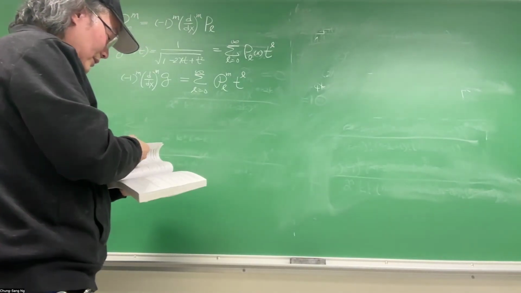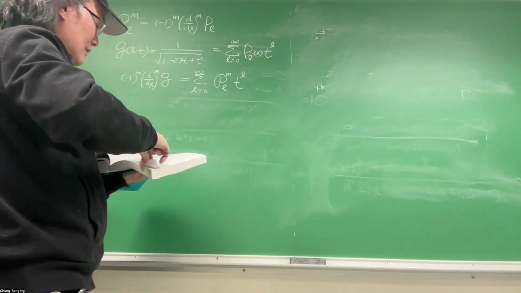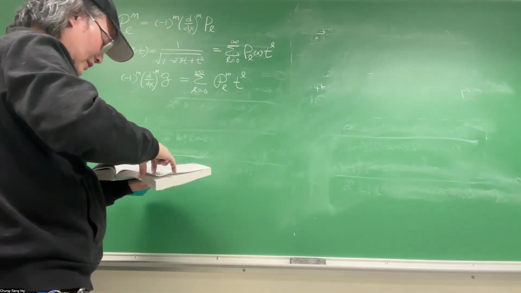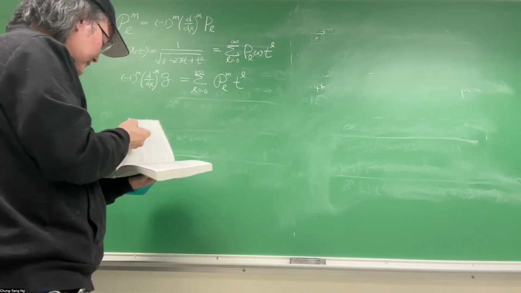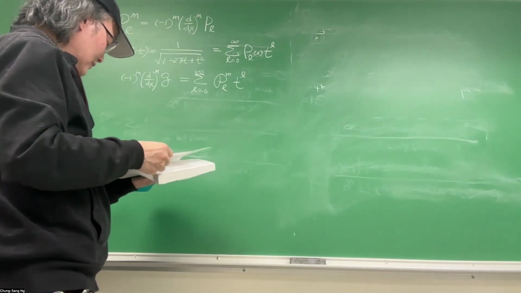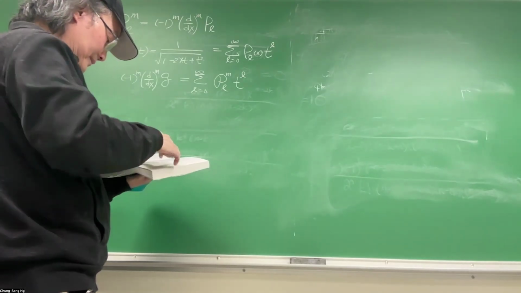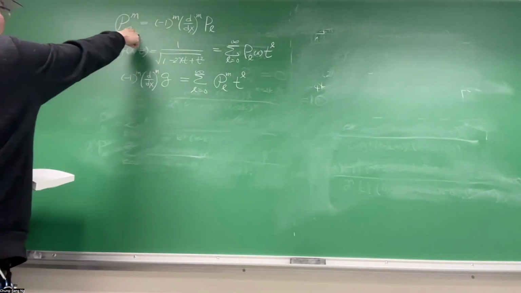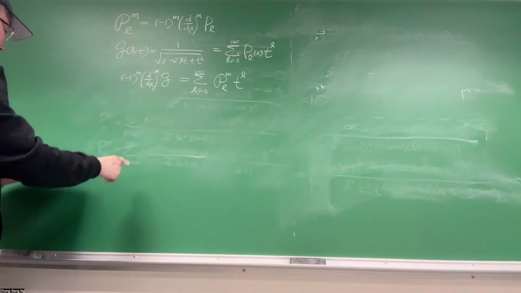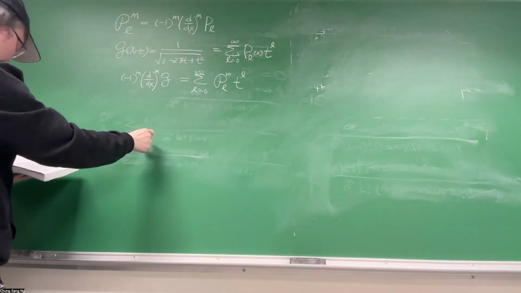But if you do it that way, then finally, this kind of operation will give you the generating function for this associated Legendre polynomial.